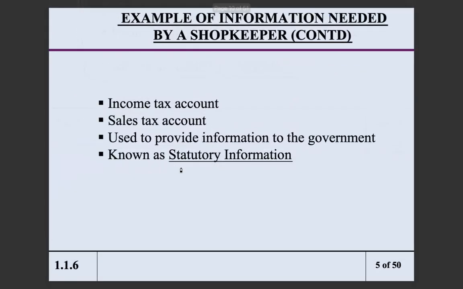At last, we have the statutory information. We will be discussing these in detail later. For the statutory information, according to this shopkeeper scenario, we have examples such as income tax account and sales tax account. Normally, statutory information is used to provide information to the government.